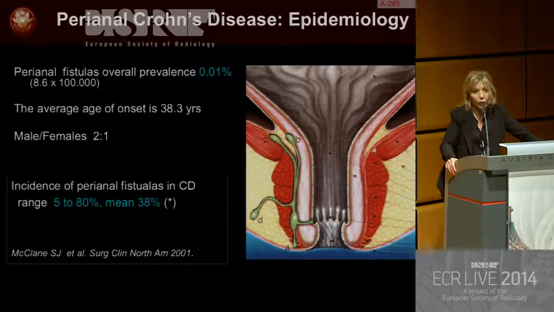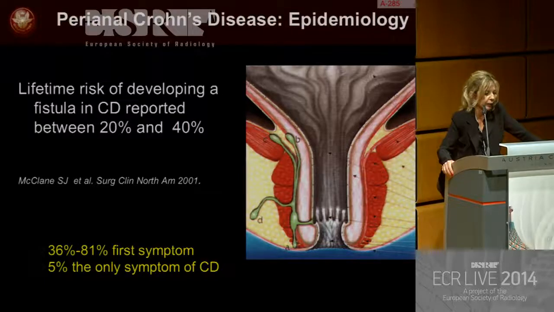Approximately 40% of patients experience the disease. The incidence ranges between 5 and 80% according to different series, but it's been reported that the lifetime risk of developing a fistula is approximately 20 to 40% in these patients.